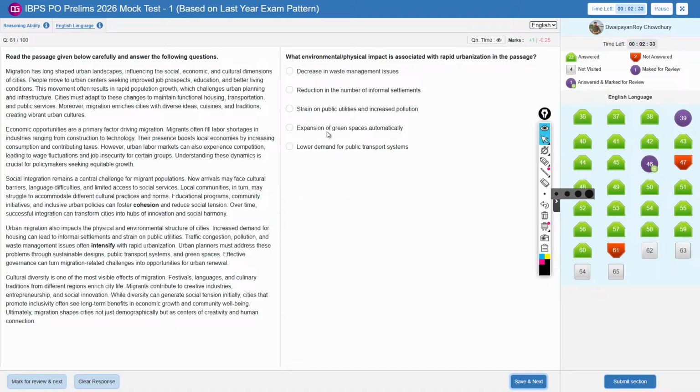Okay. What environmental or physical impact is associated with rapid urbanization per the passage? Decrease in waste management, reduction in the number of informal settlements, strains on public utilities and increased pollution, expansion of green space automatically lowering demand.